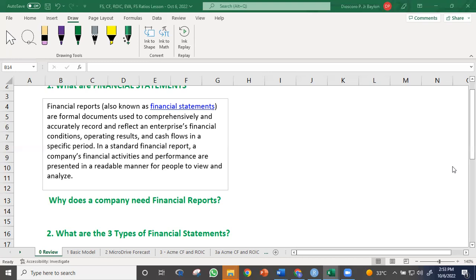Auditors have the task of looking at the financial statements and providing an assessment whether the financial statements are fairly and materially presented. Okay, so that's the function of auditing.